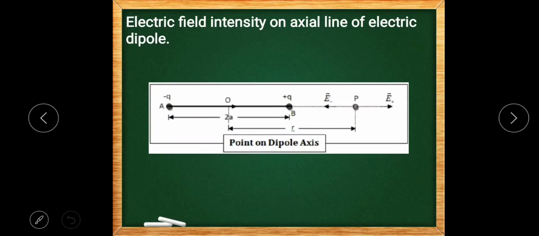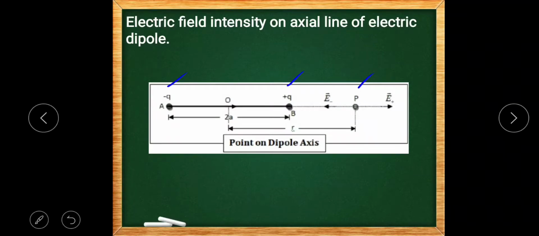Plus q and minus q are two point charges of the electric dipole. P is a point on the axial line of the dipole at which the electric field intensity is to be calculated.